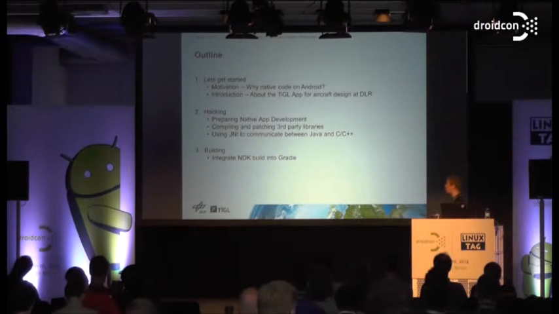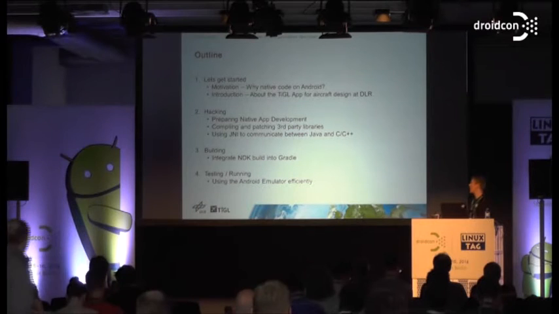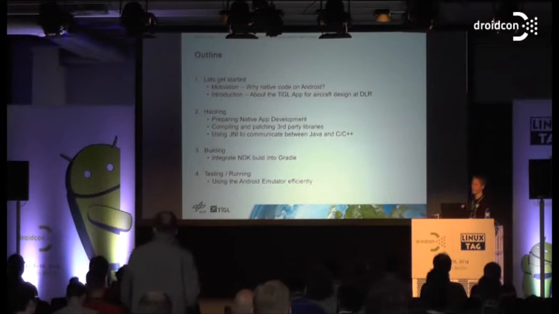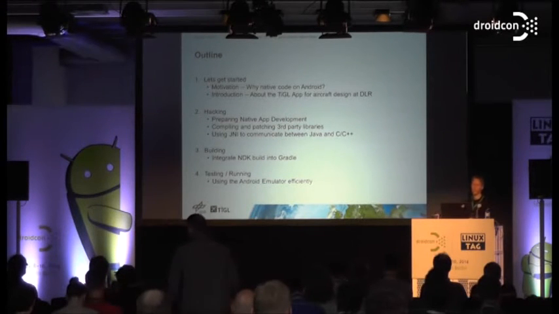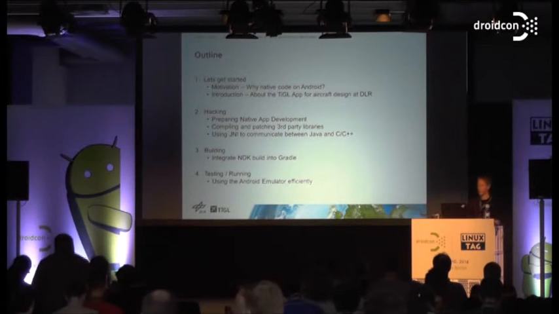Finally, I'm going to talk about how to integrate this native code building into the Gradle build system, which is a new build system used in Android. And I'm going to talk, with some slides, about how to run that on an Android emulator efficiently, since these apps tend to be quite CPU intensive.